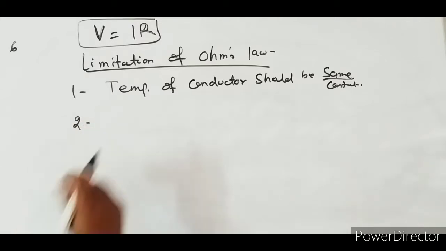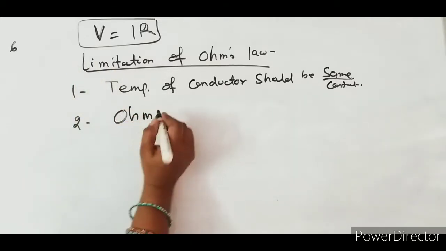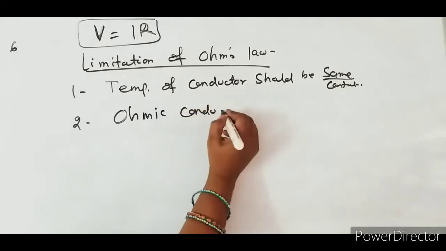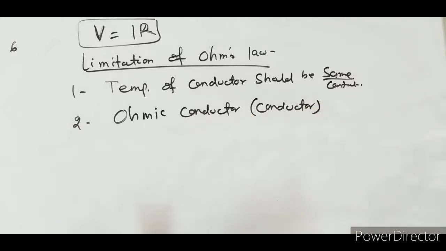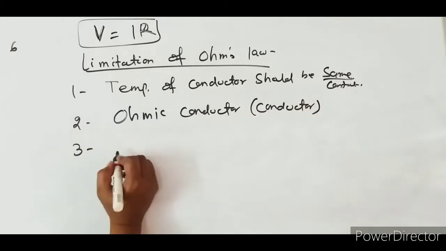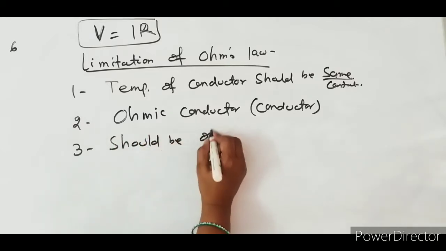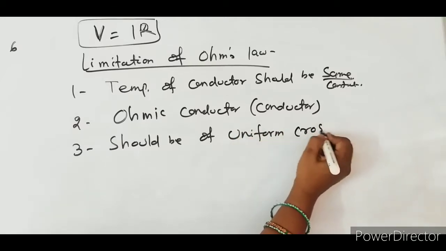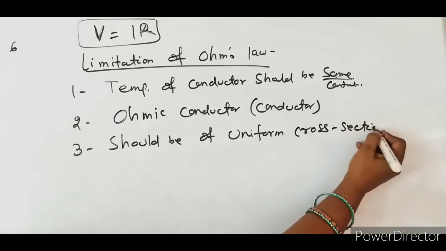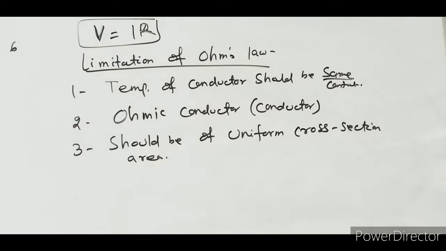Second, this should be a conductor, an ohmic conductor, or a metal we can say. Third, the conductor should be of uniform cross section area. These are the limitations of Ohm's law.